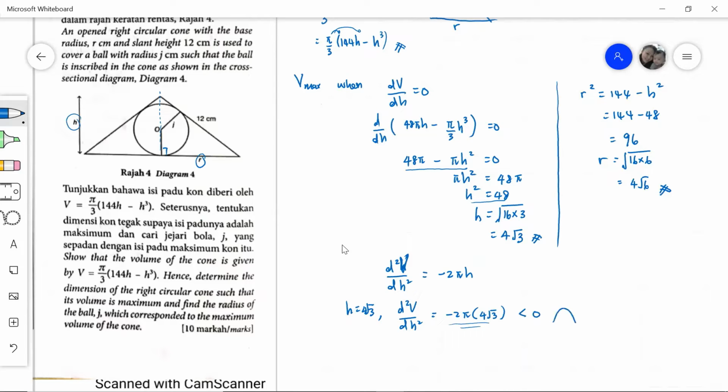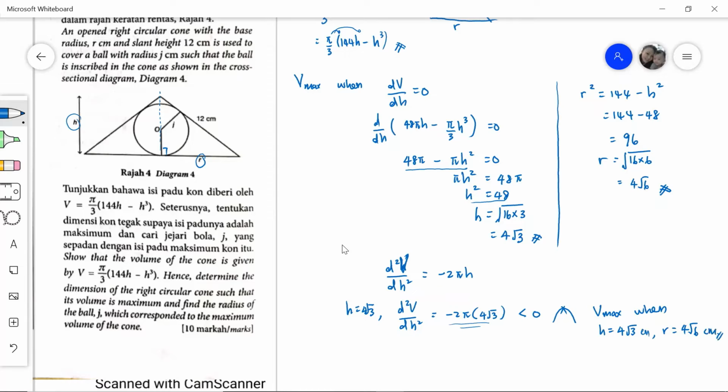Therefore, it will be like the sad face graph. Therefore, V is maximum. So V is maximum when h equals 4 root 3, and the corresponding r value will be 4 root 6 cm.